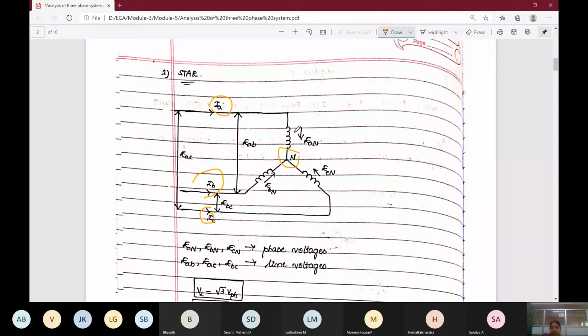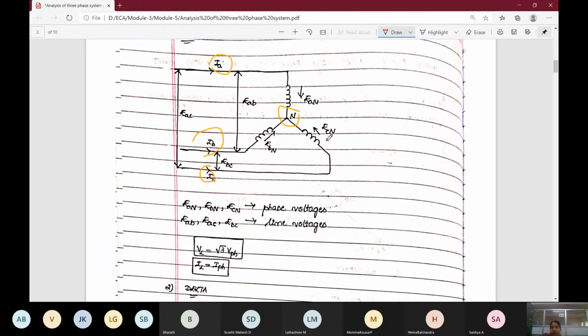The voltages in the branches are shown as EAN, between A and the neutral point, between B and neutral point it is EBN, and it is ECN. One neutral point will be there, one terminal of the branch will be connected to the neutral point and the other side will be used to send the IA current where the source or load will be connected.